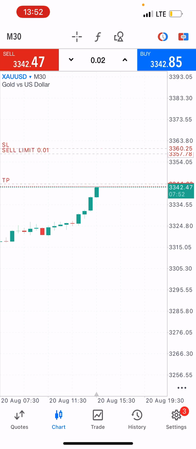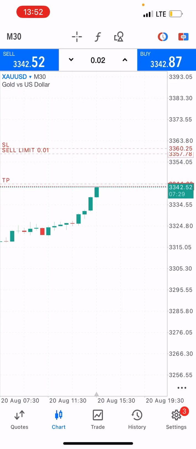So once you're given that entry, now let's say you're given sell gold at 3350 or 3353. If you sell gold at 3350, that will be higher risks, lower profits.